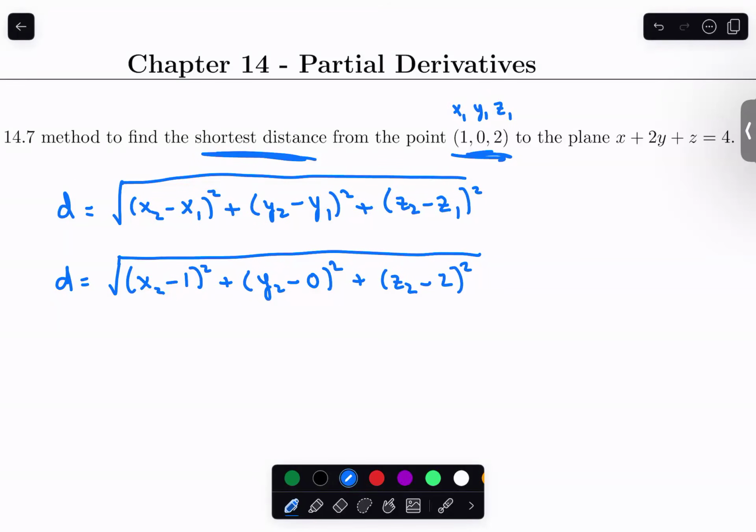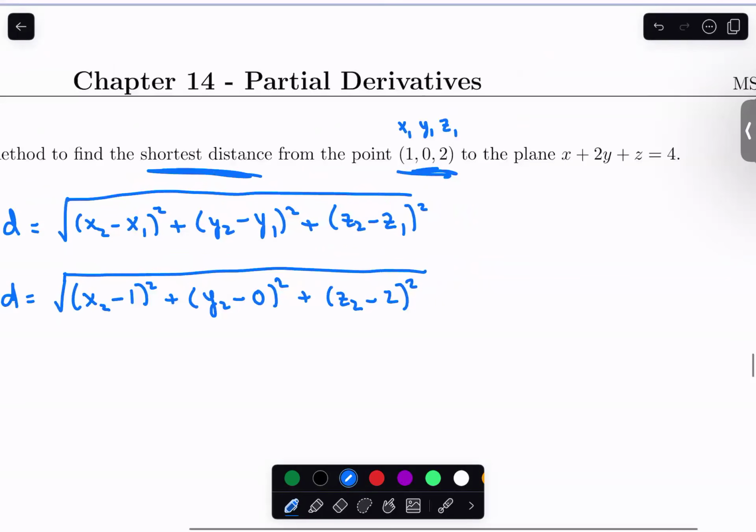I'm feeling a little bit better, but still I'm only really good at minimizing and maximizing right now with 2 variables, x's and y's. So the last thing that I can use is that our other point, my x2, y2, z2, is not a random point in space, but it needs to be on this plane.